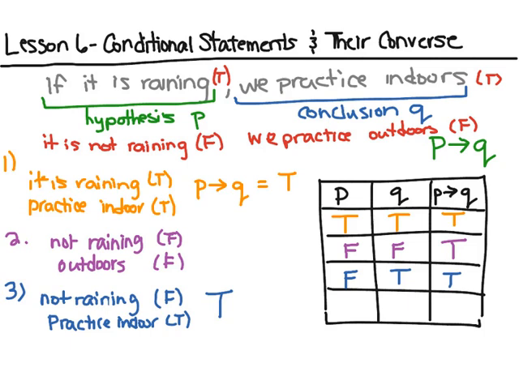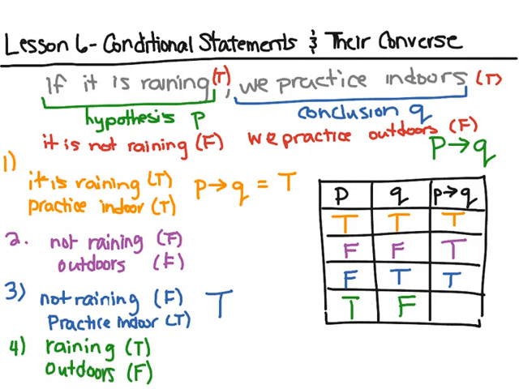And our last option is if we start with true and our Q is false. So it is raining outside. So that would be true. And we want our conclusion to be false. So we're going to practice outdoors.